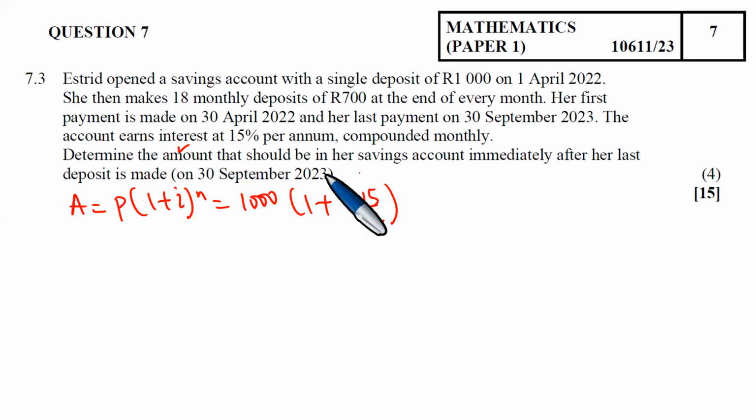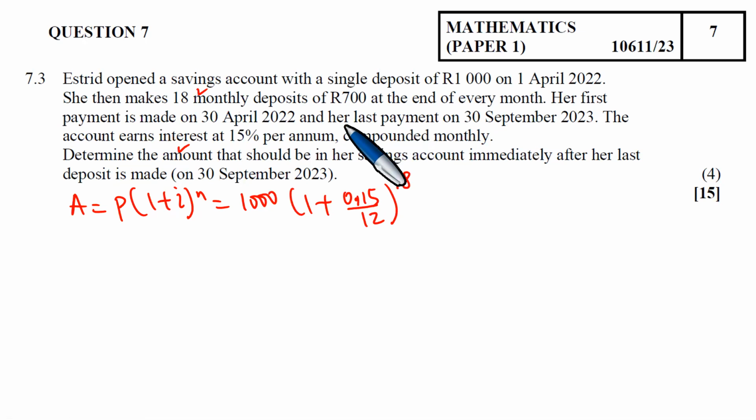Determine the amount that should be in the savings account immediately after her last deposit is made. So you have this one, which is exactly 18. Obviously remember that she makes 18 monthly deposits of 700.